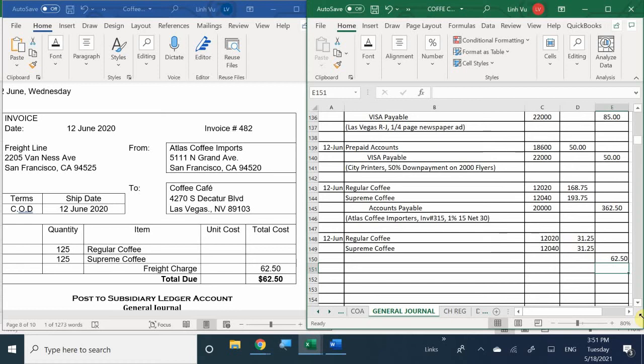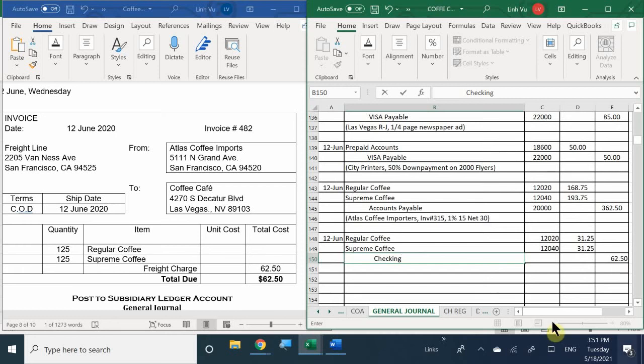So in this case, I don't have cash on hand, so therefore, I'm going to use a check. Okay. So checking. So therefore, we wrote a check. So where should we go? Check register.